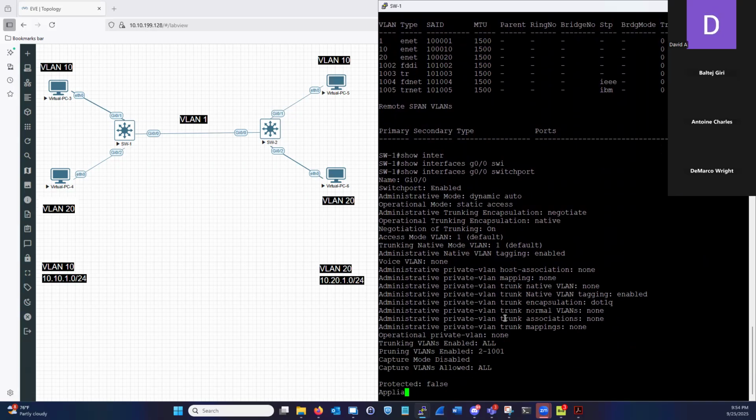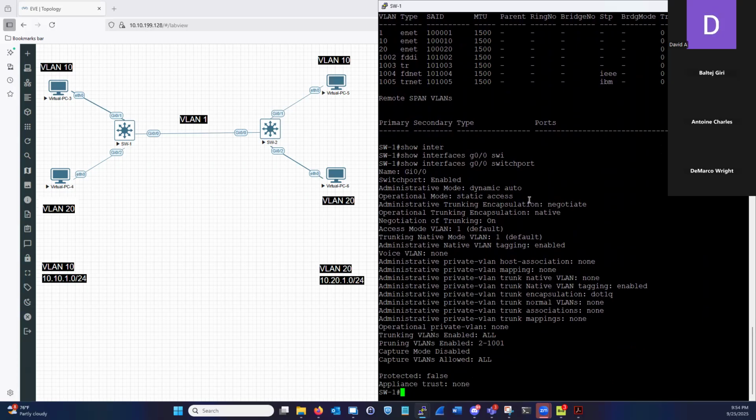Okay, Geary, help me out. If we're looking at gigabit 0/0, what did we learn during the theory section that would tell us this is an access port? Operational mode. Absolutely. This is an access port.